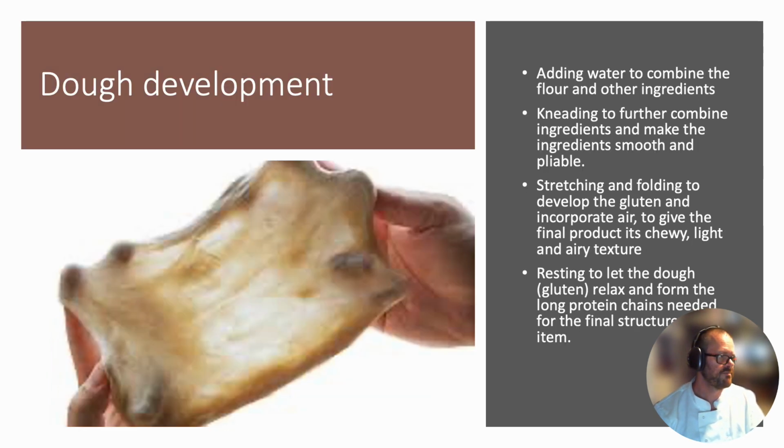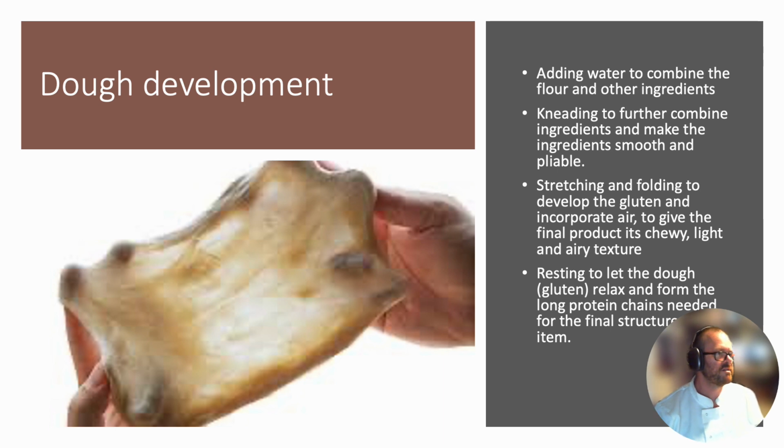Yeah, so you can see that's a picture of a gluten window. We call it the windowpane test, where you stretch out a thin piece of dough to see how stretchy it can be. In terms of dough development, if we simply add water to flour, that's going to hydrate the flour.